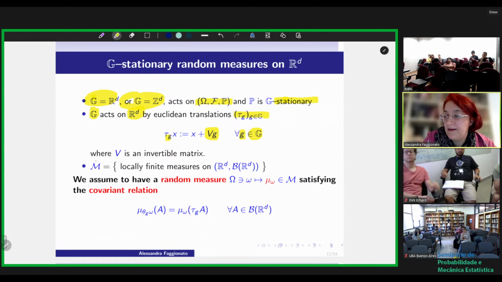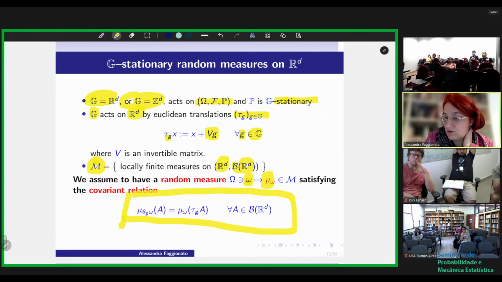Now let us introduce M, the space of locally finite measures on R^d, and this is also a measurable space with the Borel subsets. We assume to have a random measure. Therefore, I have a map from my probability space, associating to omega a measure mu in M, and this random measure satisfies this covariant relation. Now I will show you examples.